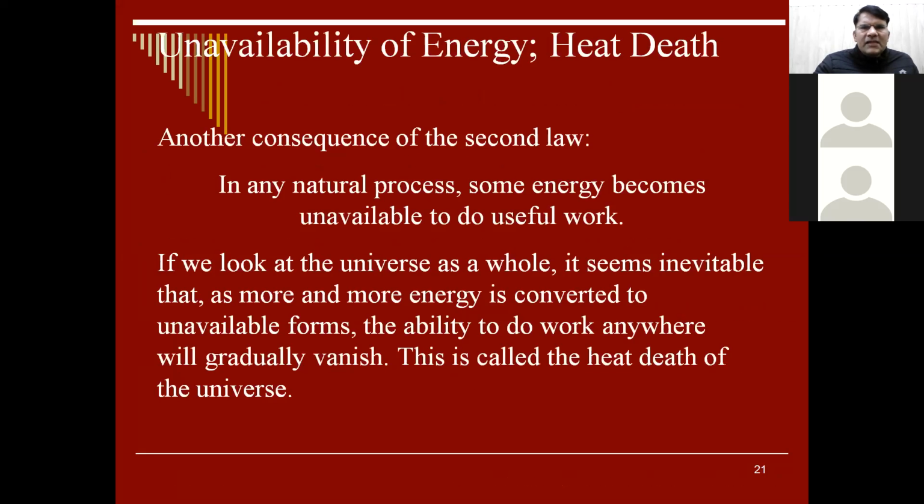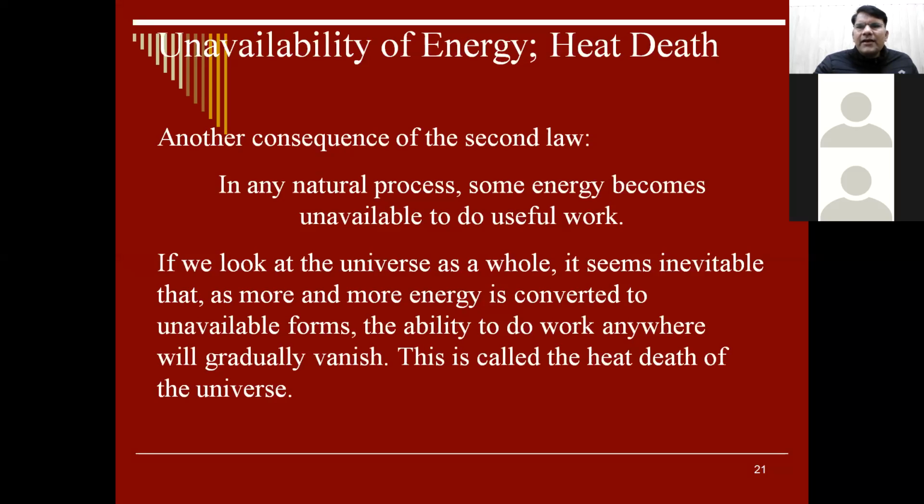Now, there is a term, unavailability of energy, or we can call it heat death. What is the meaning of unavailable energy or heat death? The consequence of the second law is that in any natural process, some energy becomes unavailable to do useful work, because the second law says that 100% conversion of heat into mechanical work is impossible.